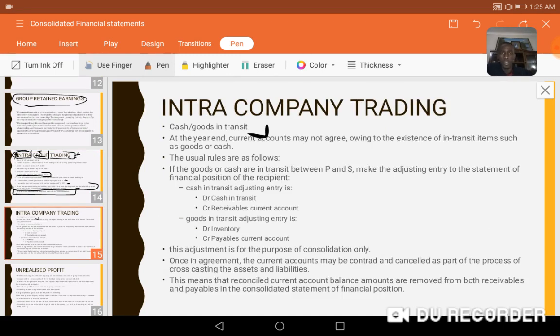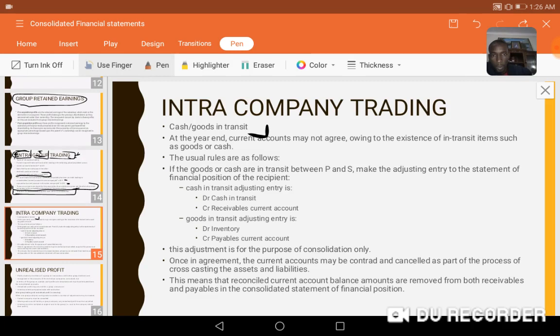Therefore, that's one of the problems caused by intra-company trading, especially at the year end, when a master reconciliation or the final reconciliation has to be made. If the goods or cash are in between subsidiary and the parent, make the adjustment entry to the SFP of the recipient.